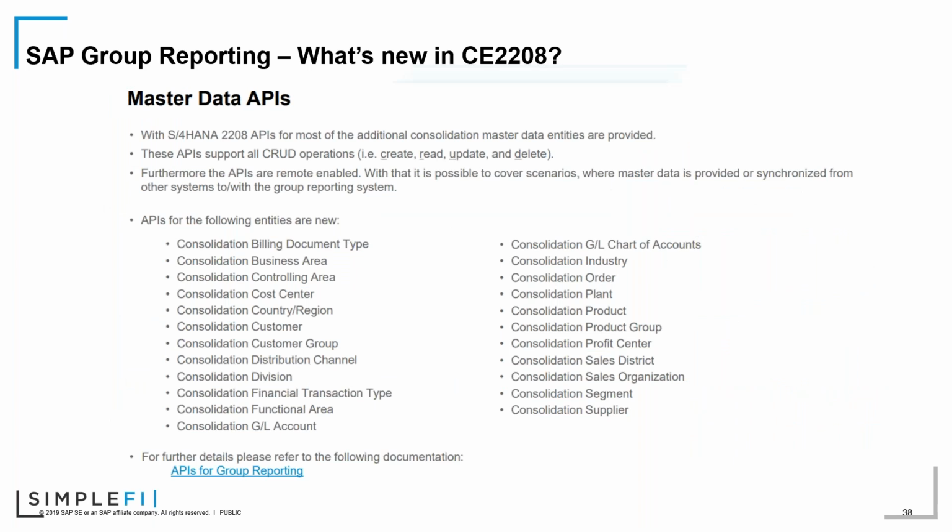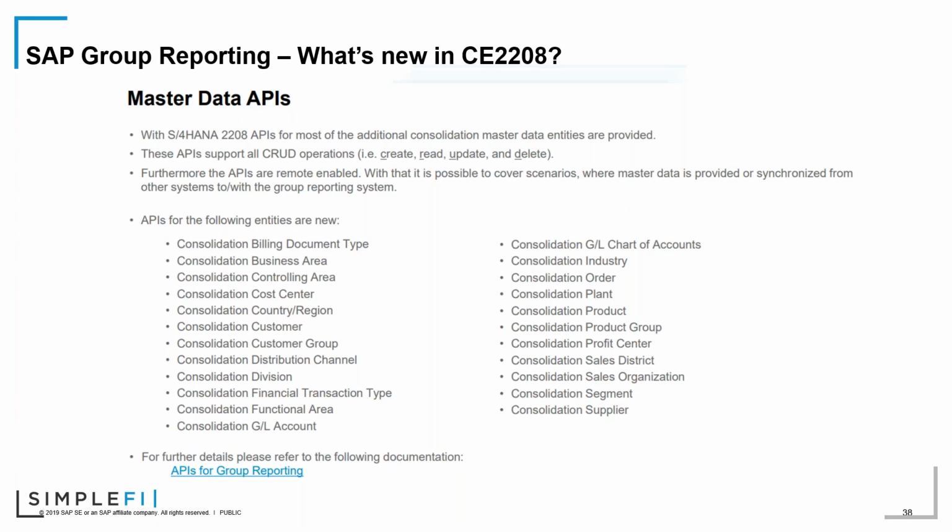We also have some enhanced master data APIs. If you've loaded data from group reporting, there were a good amount, be it FS items or company codes. You could load those direct from group reporting.